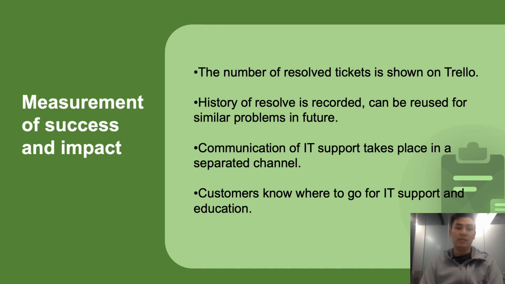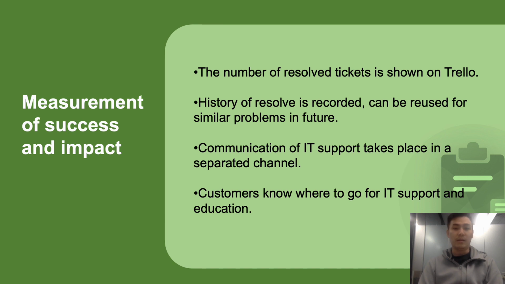Secondly, we want to keep the history of resolved problems, because it can be used for training purposes. We can analyze the questions and find the most frequently asked ones, so we can list them out. Before they submit a request, they have a little database to check if there is a similar question.